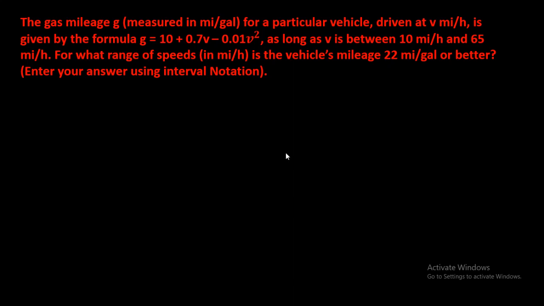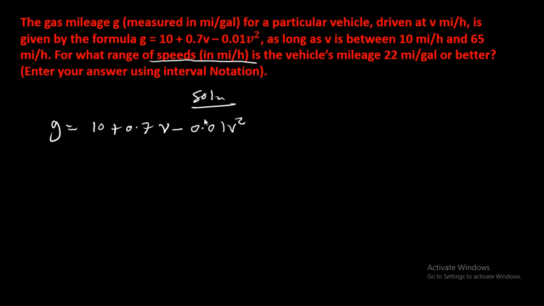So let's quickly look at this. Solution: we have been asked to look for the range of speed. So what we are going to do is say G is equal to 10 plus 0.7V minus 0.01V squared.